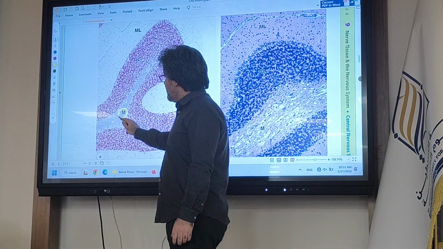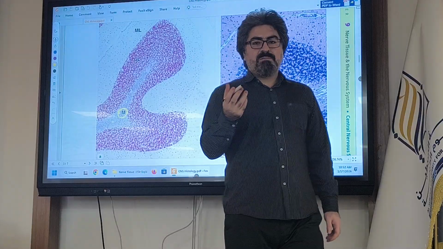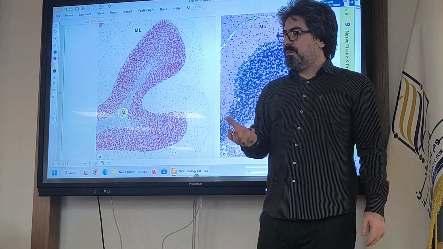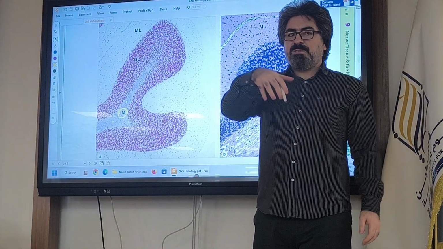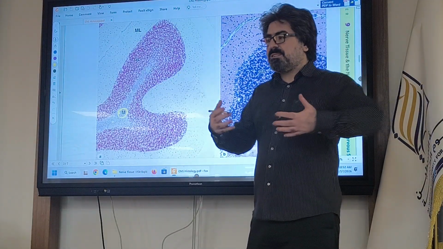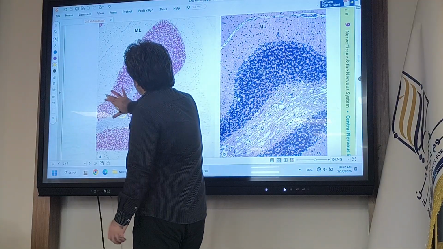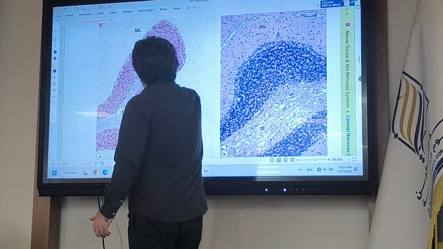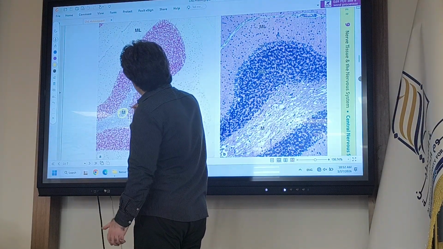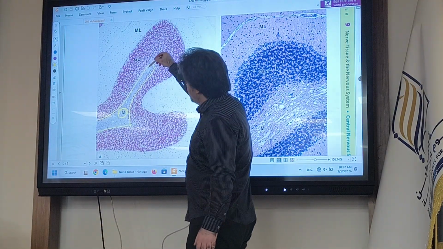M refers to medulla. So what is the medulla of the cerebellum? White matter. And what is the location of the medulla? The central, inside part of the cerebellum. And the outer part is the cortex.